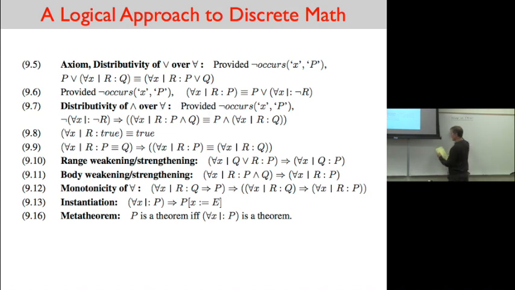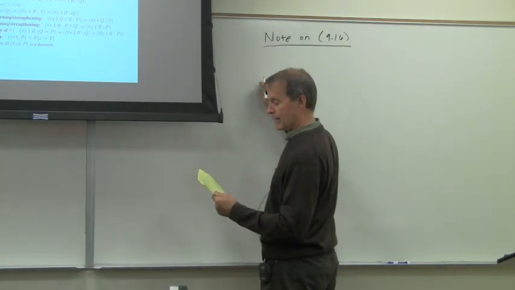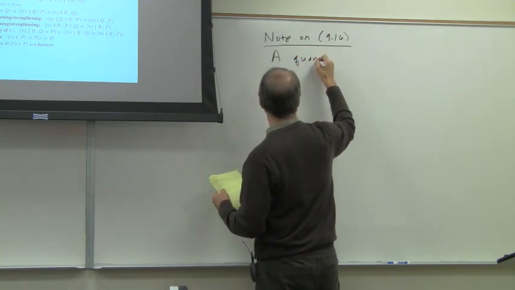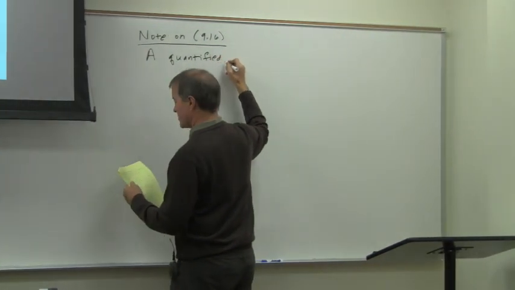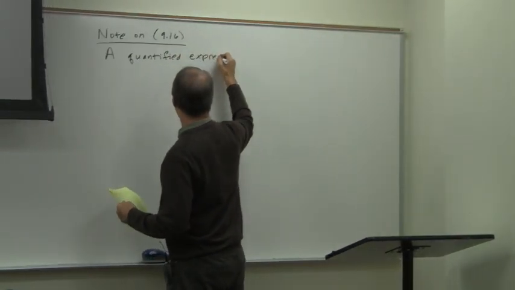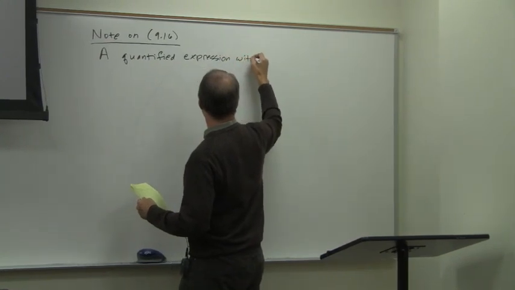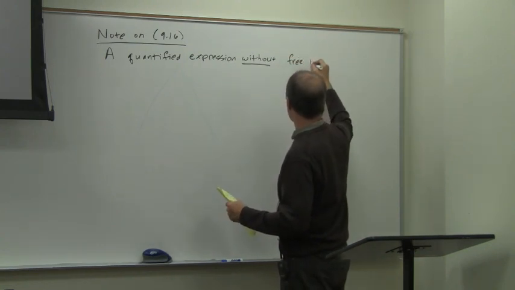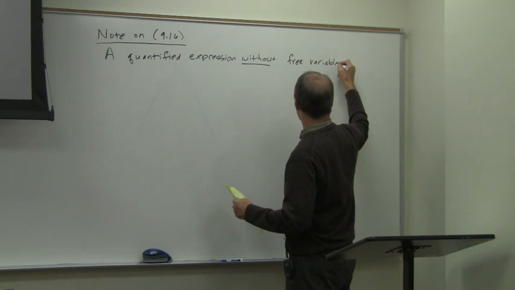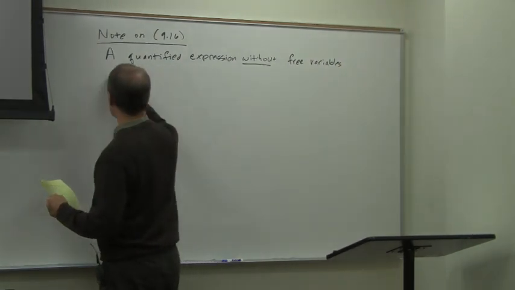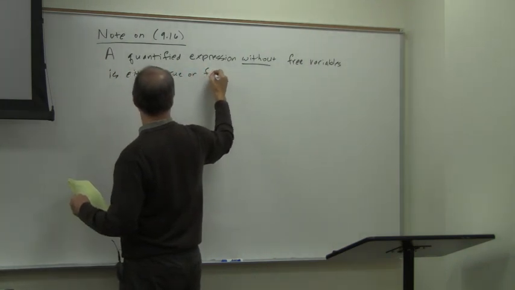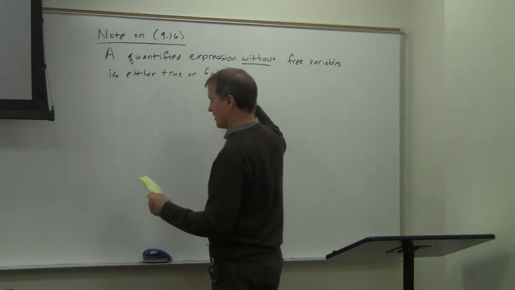Okay, so first of all, a quantified expression without free variables is either true or false, independent of any state. Let's write that down. A quantified expression without free variables is either true or false, independent of any state.